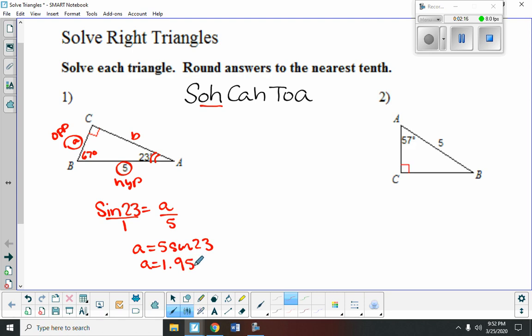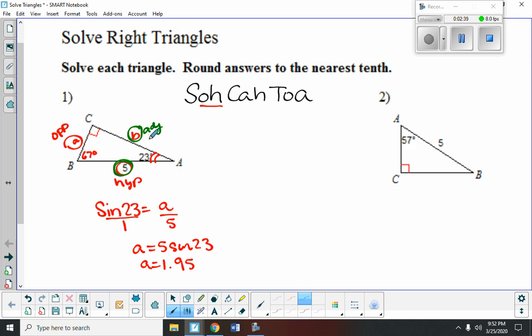All right, now let's find B. Well, B, if we're using angle A, which is 23, this would be adjacent. So we're going to use the adjacent, and again, we'll use the side that was given because we know for sure that's correct. Just in case we made a little mistake over here, we wouldn't want to use that in the second part of the problem, or that would be wrong too.